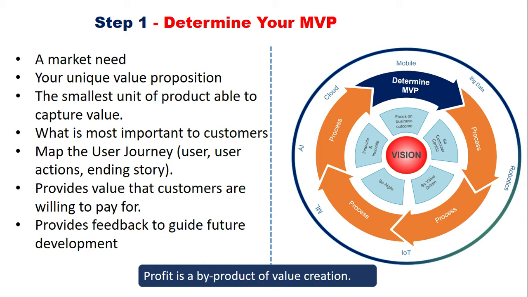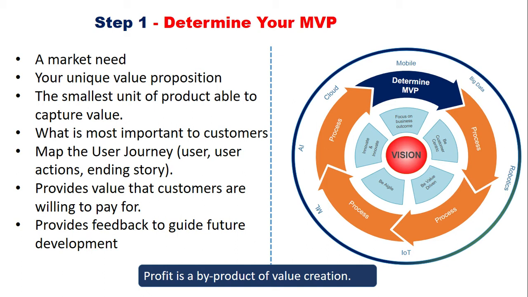Now you need to identify the smallest unit of that solution or that product or that service that actually has a value in it. And in doing this, you need to understand what is most important to the customer in this solution. That should be part of this minimum viable product.